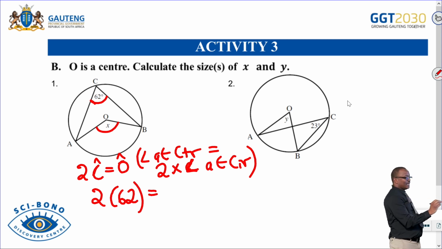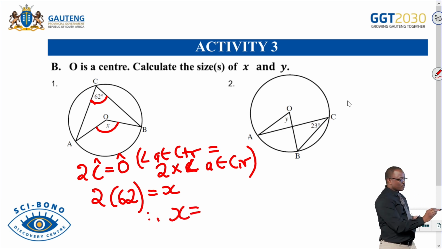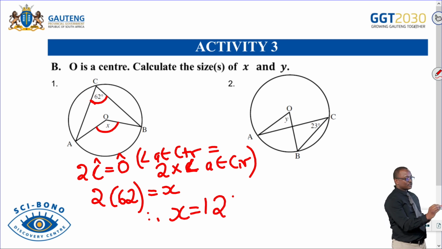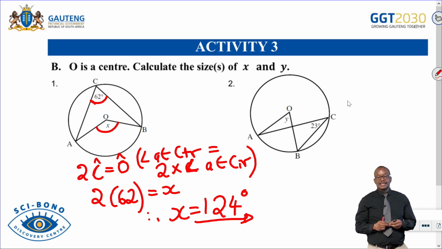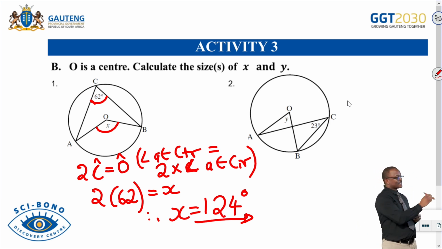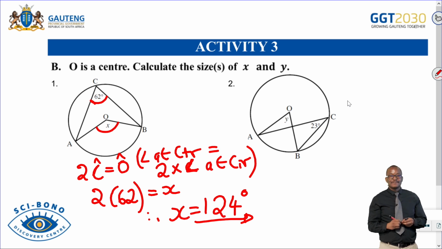Then the angle at center is x. Therefore, your x is going to be 62 times 2, which is going to give you 124 degrees. So that's how you get the angle at the center. Remember, the angle at the center should be bigger than the angle at the circumference. It's 2 times the angle at the circumference.